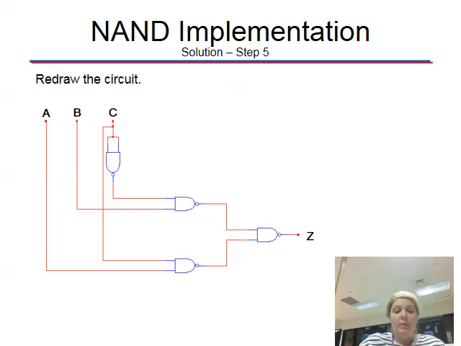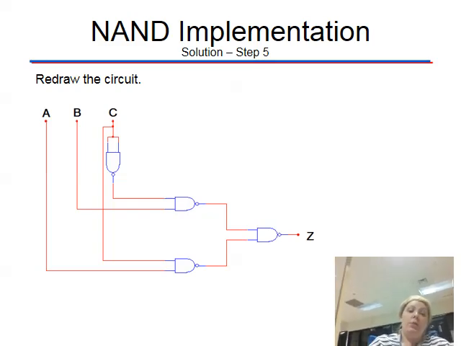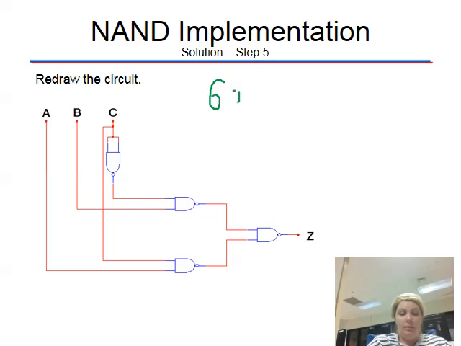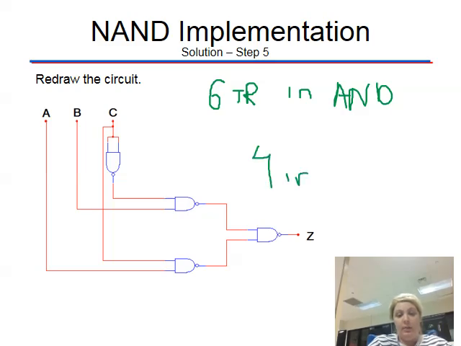So for 74LS series, you generally speaking have about 6 transistors in one AND gate, and you have 4 transistors in your NAND gate. So 6 transistors in AND and 4 in NAND.